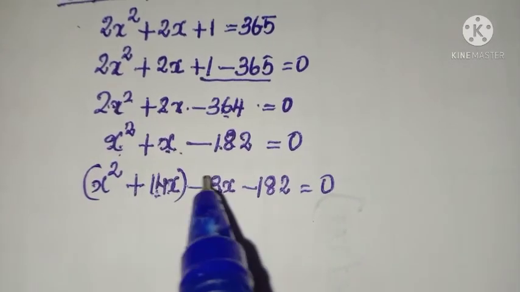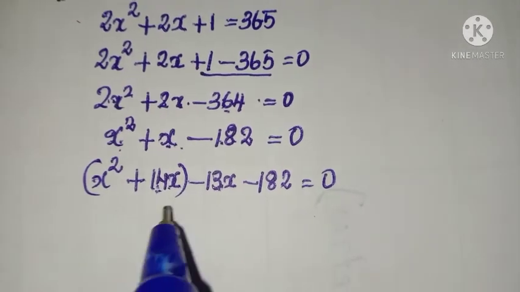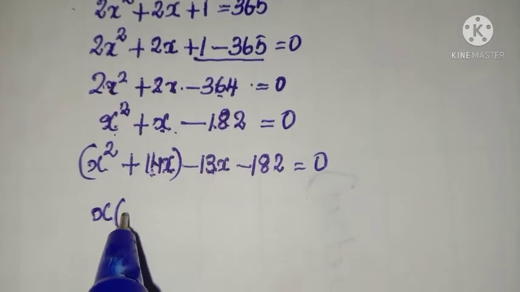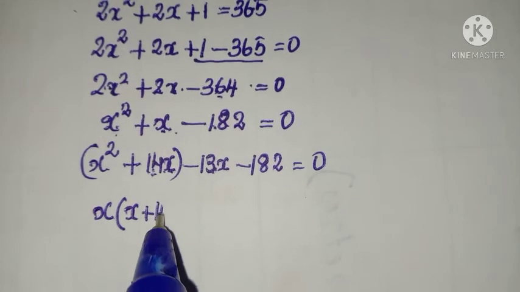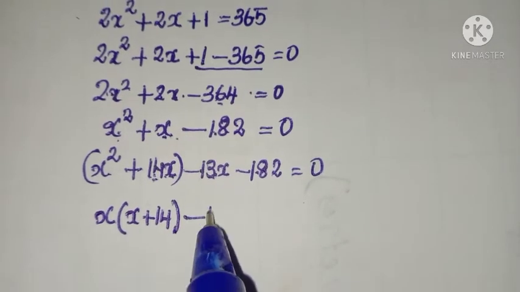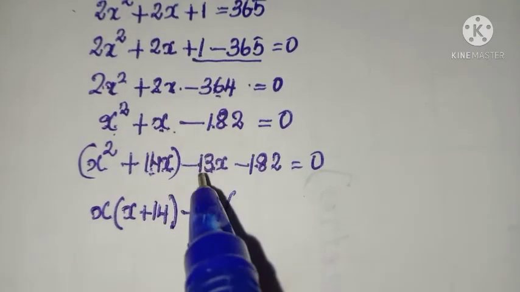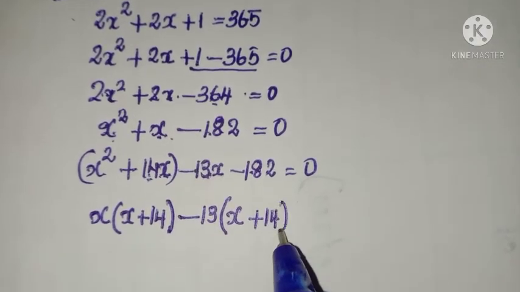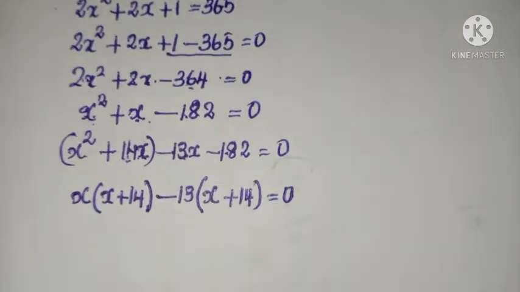Now consider these two terms together and take the common factor. Here the common factor is x. So x into x plus 14. Here minus 13 is common. So take it outside. So remaining x plus 14 equal to 0.